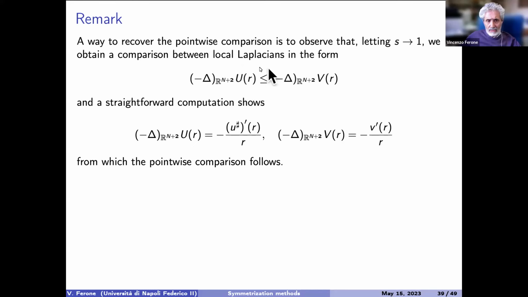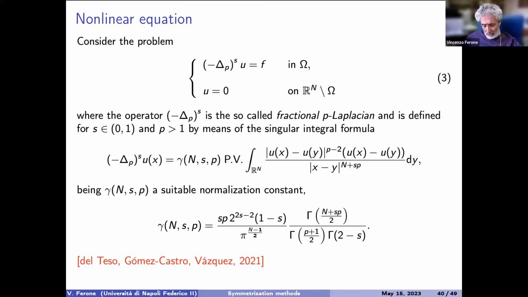And if one computes the Laplacian with respect to n plus 2 variables of capital U, this quantity is just U sharp prime of r. So we end up with the same inequality which you have seen before in the proof of the result of Talenti. So this concludes the discussion about the S Laplacian.